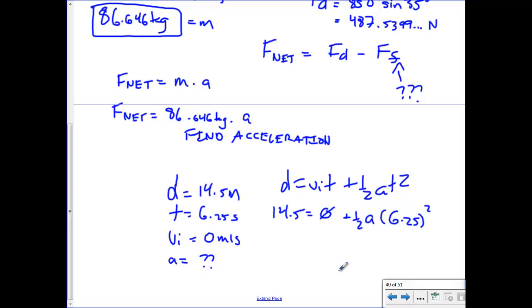I would times by 2 on both sides, and then divide by 6.25 squared. You could do 1/2 of 6.25 squared, figure out what that is. I got 19.53. And then divide 14.5 by your answer. That's what I got. Good. 0.7424.